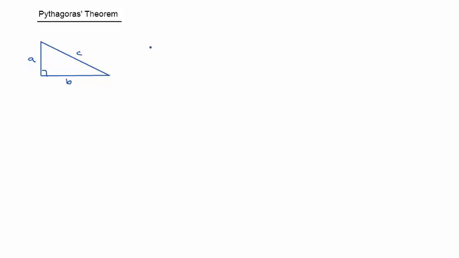Multiply it with itself. So if you do A square and you do the same with the other side that's not the hypotenuse, so you do B square, A and B are the two lengths, and if you add them up, that must give you the square of the length of the hypotenuse in the triangle. If it's a right angle triangle, this relationship has to work.